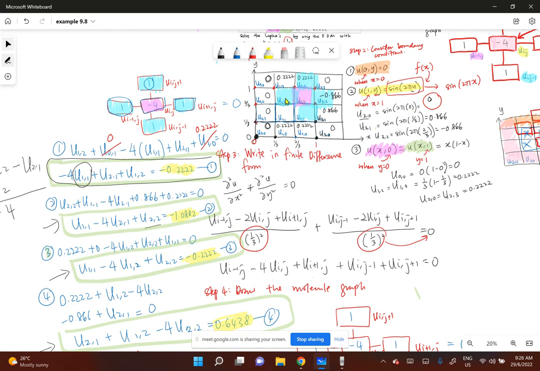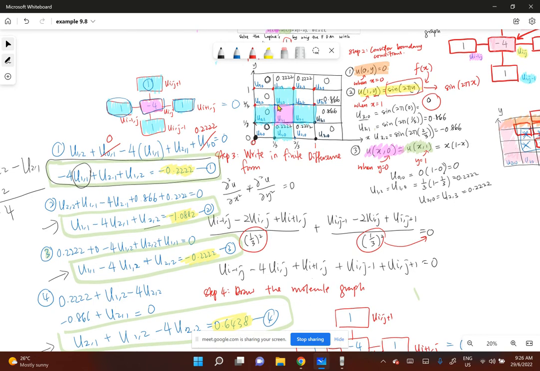The first, this one. Oh, sorry. This one. Okay, now we start with this one. You see? Here, this is U12. So this is U12, correct?